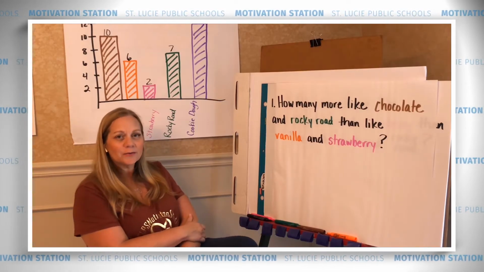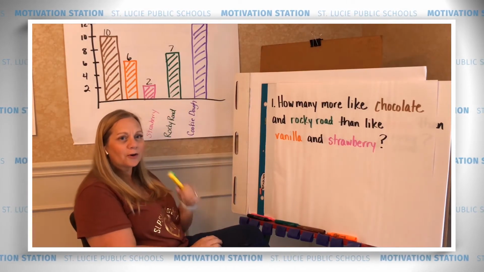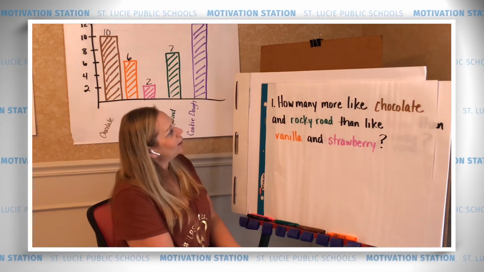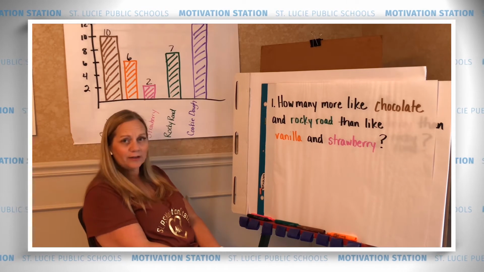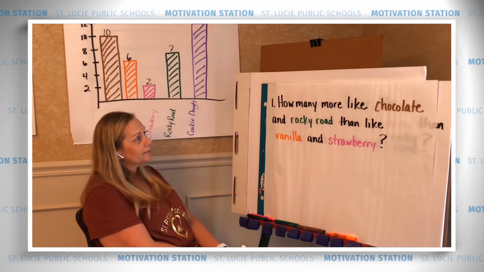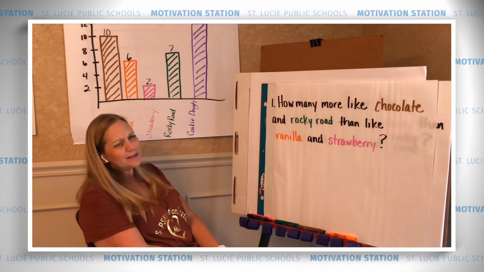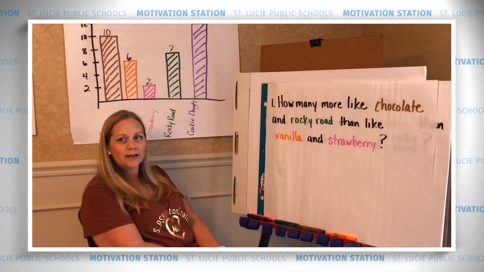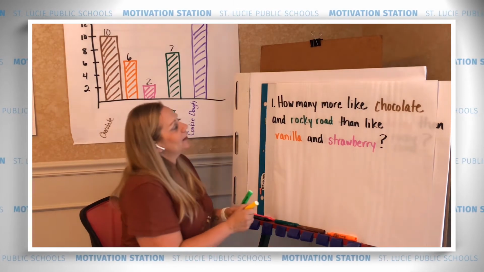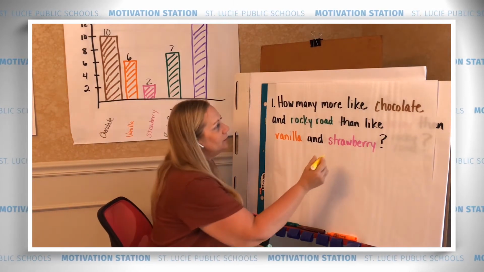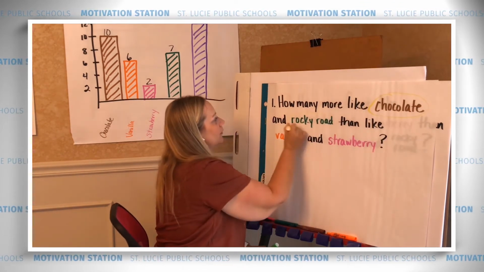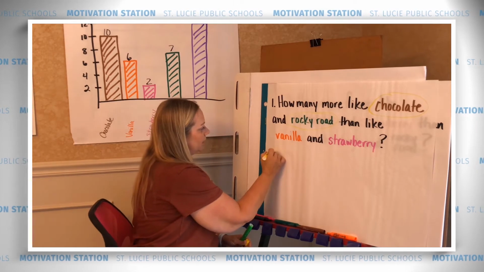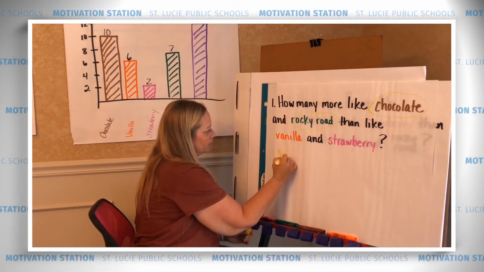Let's take a look at this question, and we'll refer to the bar graph for data. How many more like chocolate and Rocky Road than like vanilla and strawberry? We did this question before, but let's take a look at it a different way. If I group the first two, so chocolate and Rocky Road will be in our first grouping. That's our step 1.